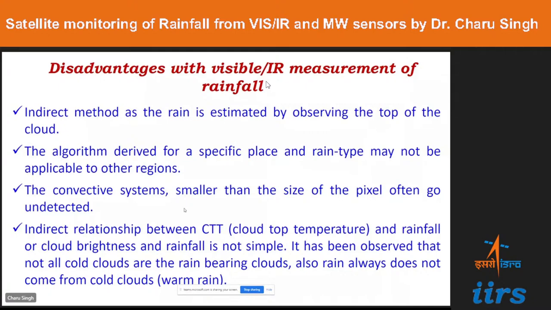The indirect relationship between the cloud top temperature and the rainfall, or the cloud brightness and the rainfall, is not simple. It has been observed that not all cold clouds are rain bearing clouds, like cirrus clouds, and also rain does not always come from cold clouds. An example is warm rain processes.